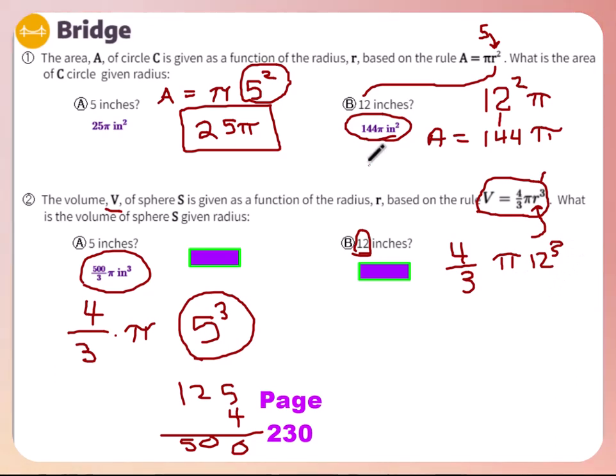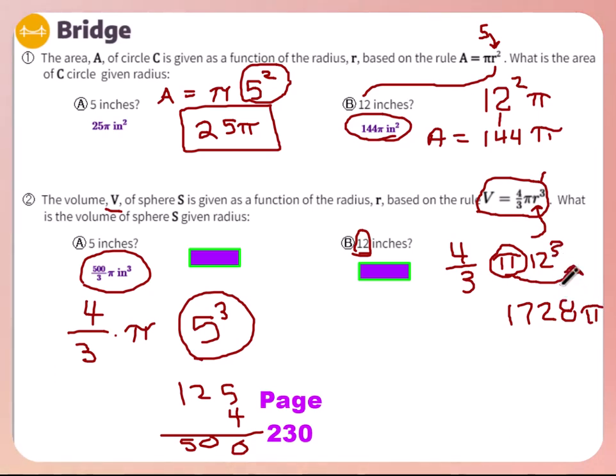All right, on your calculator, put in 12 to the 3rd power. 12 to the 3rd power is 1,728. Let's go ahead and move that pi to the end. We're not going to put in pi and let the calculator round it off. We're just going to include that in our answer. So that goes at the end.